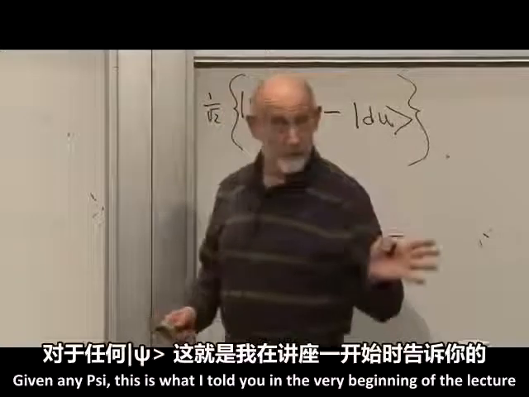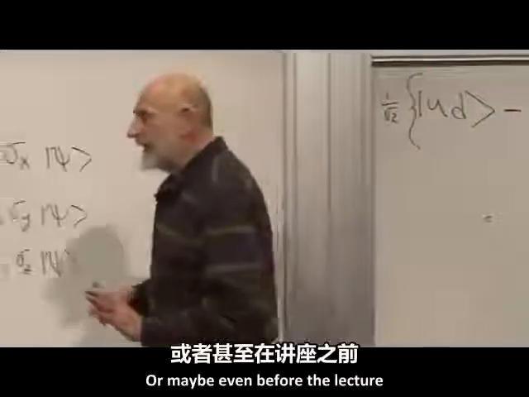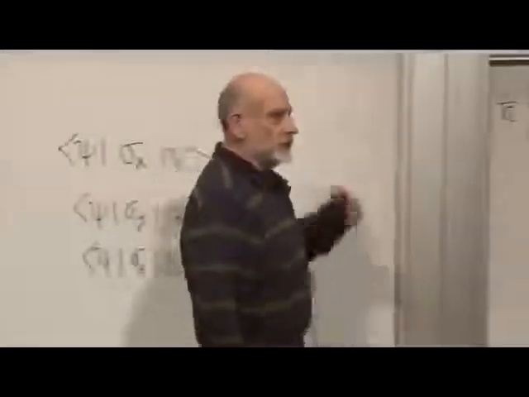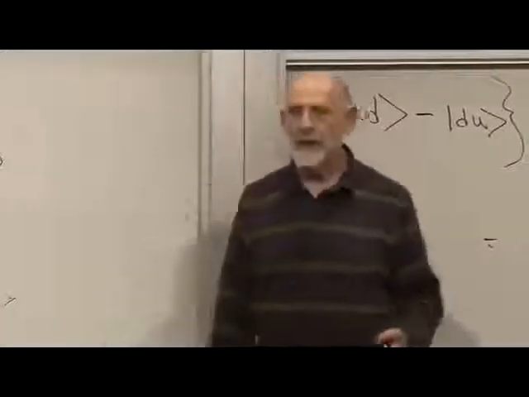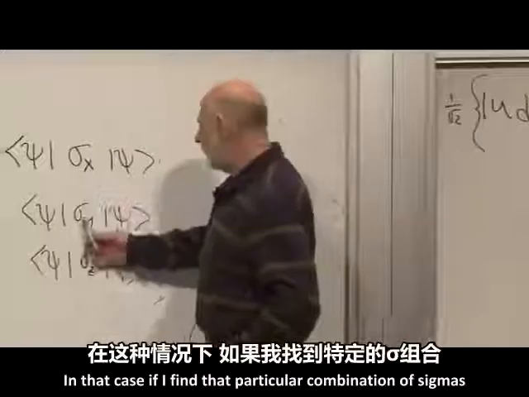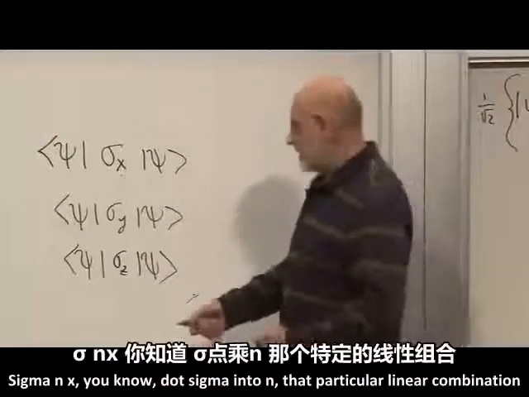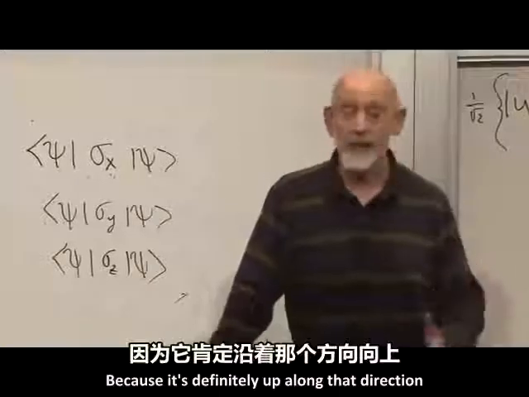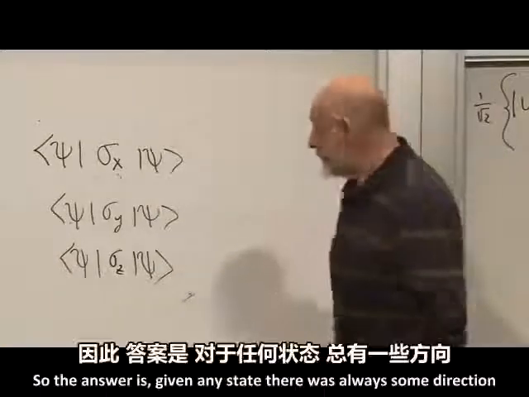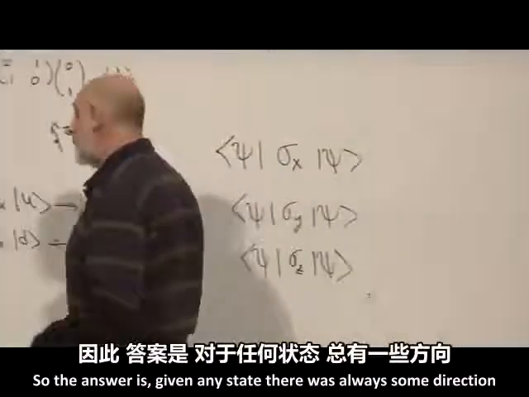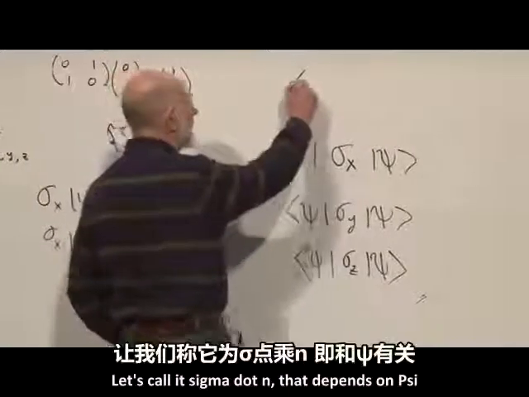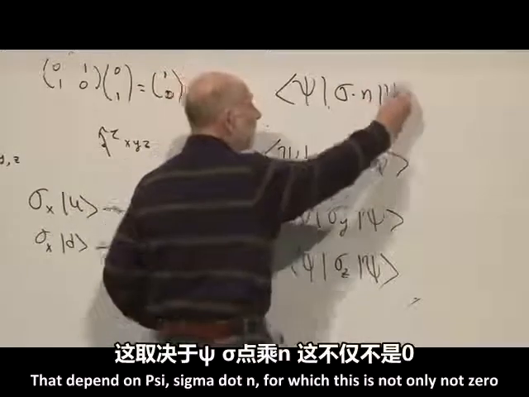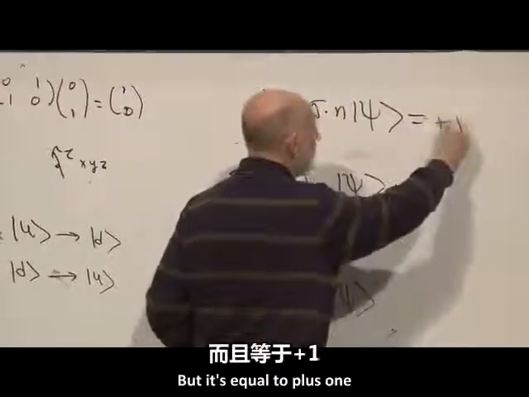Given any psi, this is what I told you in the very beginning of the lecture, or maybe even before, given any state, there is some linear combination of sigmas which is definitely equal to +1. In that case, if I find that particular combination, sigma dot n, its expectation value can't be 0 because it's definitely up along that direction. So given any state, there is always some direction n, that depends on psi, for which this is not only not 0, but equal to +1.